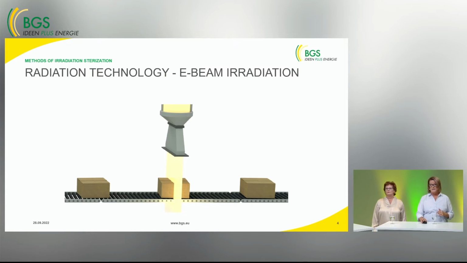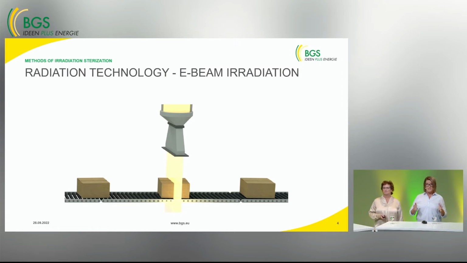The common dose range for achieving sterility starts at approximately 20 kilogray, and the maximum dose is set a bit higher than for gamma irradiation, namely at Dmax larger than 50 kilogray.